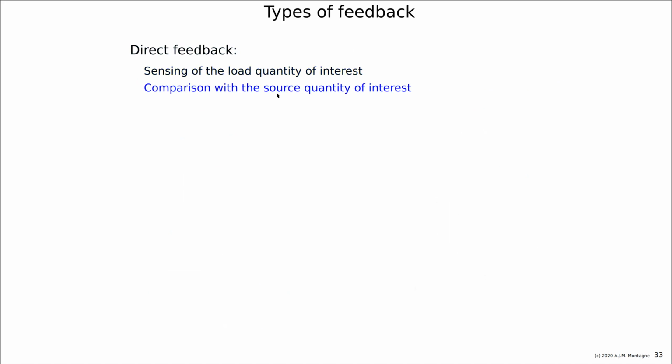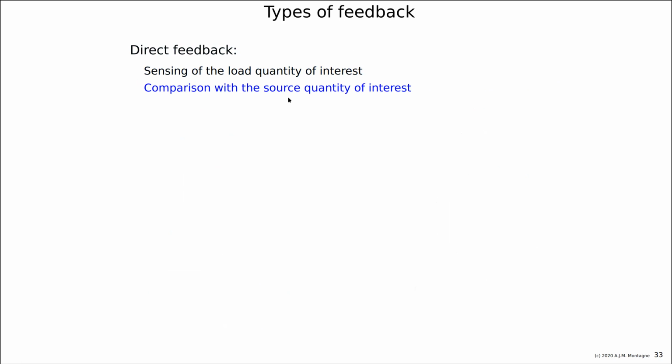Types of feedback. This is also a recap from the bachelor course. We talk of direct feedback if we are sensing the load quantity of interest and comparing with the source quantity of interest.